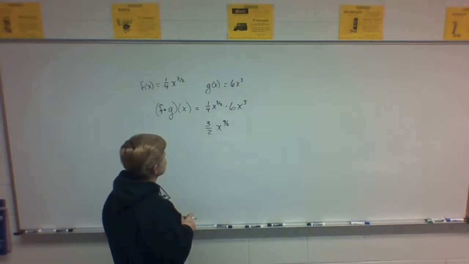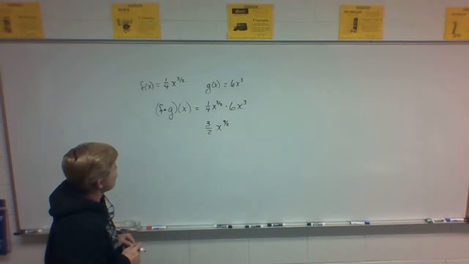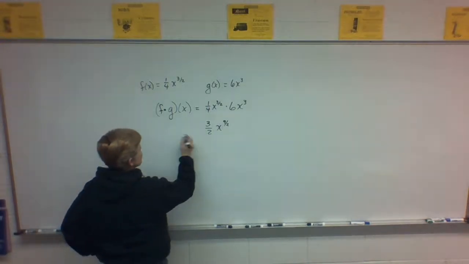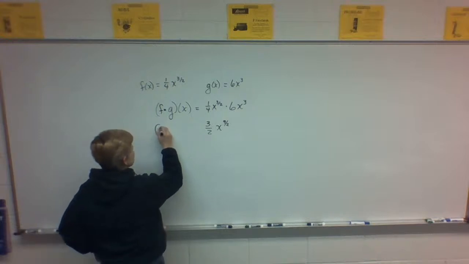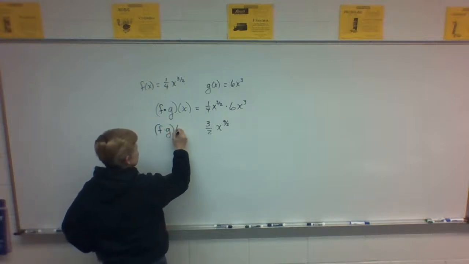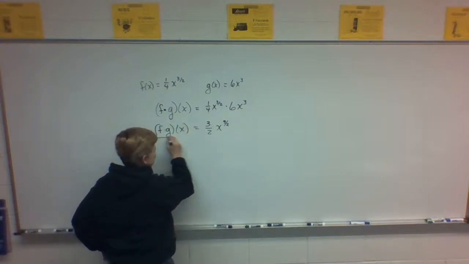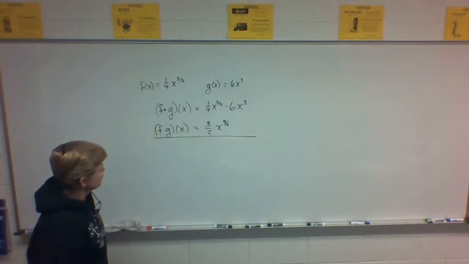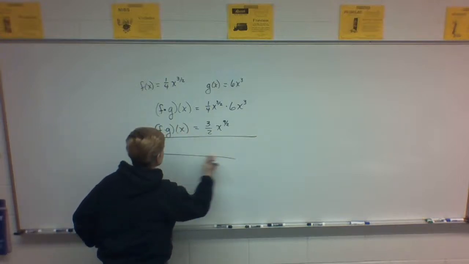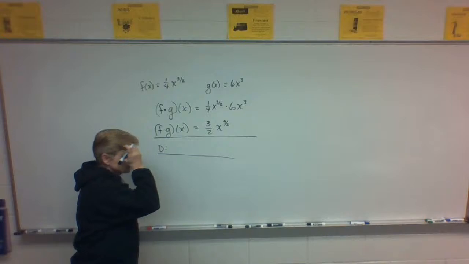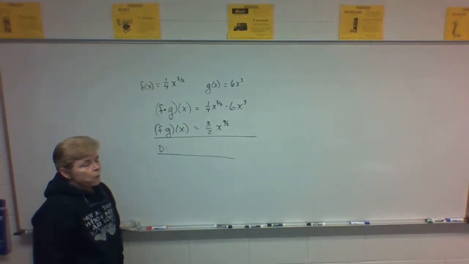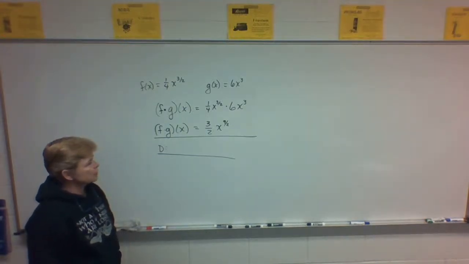Question is, what is its domain? So this is what I would put in the first blank. It says f times g of x equals, and that would be what that blank looks like. And then underneath it, it will have another blank like this, and it will say d colon. Is it all positive? Why do you think it's just positives?